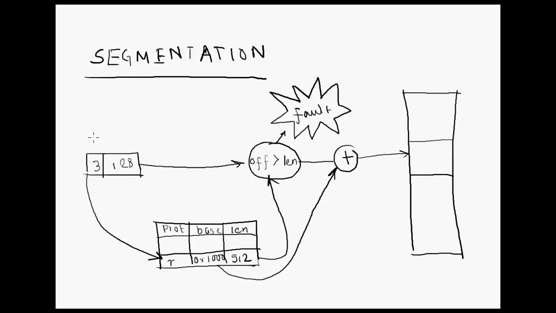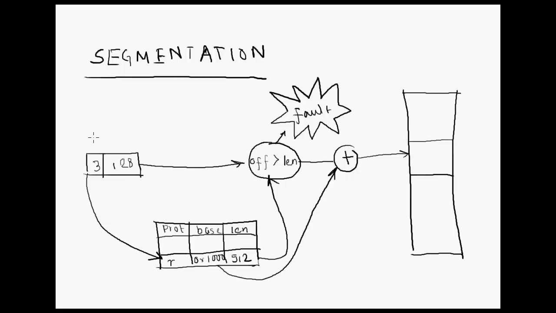Now every virtual address can be split into two parts. One part, the most significant byte part, can point to an entry in the segmentation table, which will give us a base address and the length. And the second part of the memory address will give us the offset that we are pointing to.